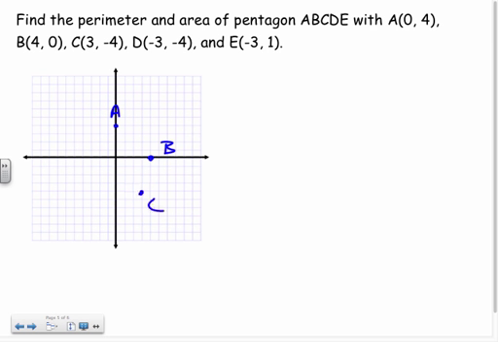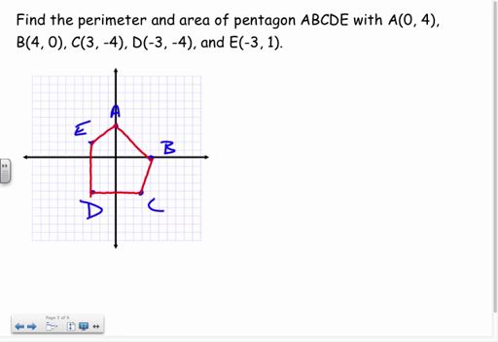That's C. Negative 3, negative 4. That's D. And negative 3, 1. And that's E. I'm drawing my line here. So this is a vertical line. Horizontal line. So there's my pentagon. It says find the perimeter.